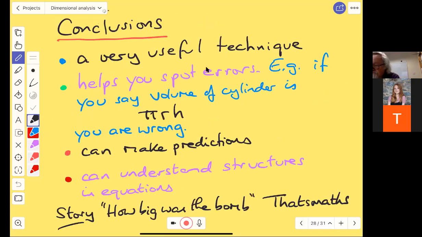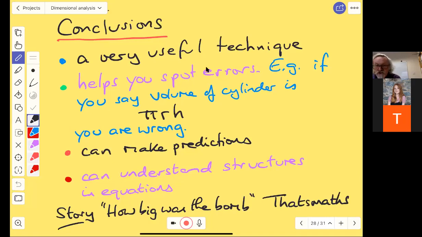So I've basically finished, and there's lots more one could say. I genuinely think this is a really useful technique. It helps you spot errors. So if you're doing a long algebraic calculation, it might be dozens of pages long, and you've got a term that says that a volume of a cylinder, say, is pi rh, that's wrong.